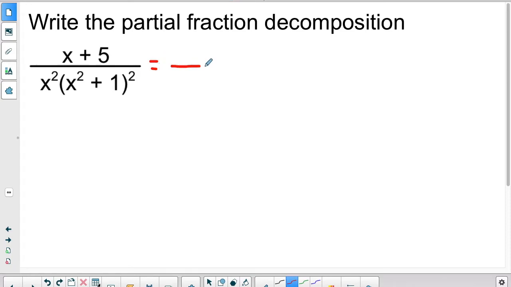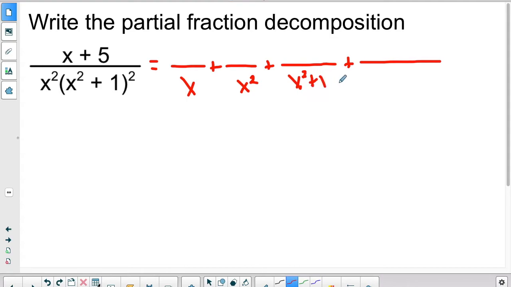And when we split this up, we're going to have 1, 2, 3, 4 different fractions, because we're going to have x squared plus 1, and x squared plus 1 squared. A, B, cx plus d, and ex plus f.